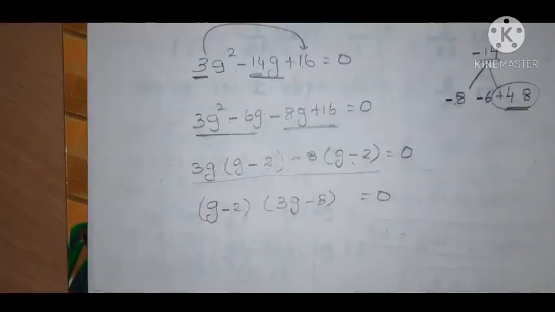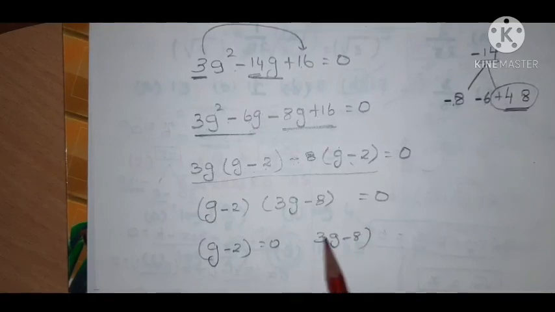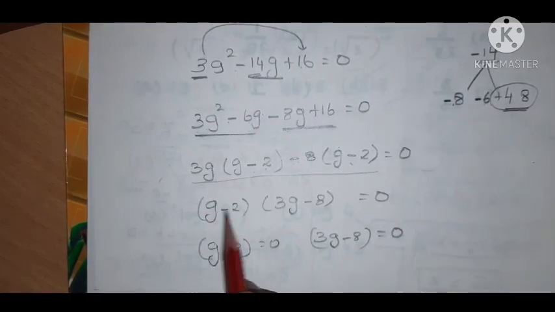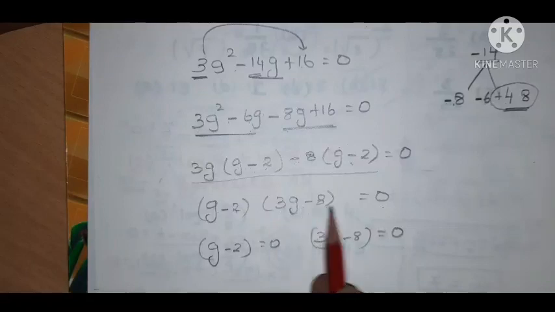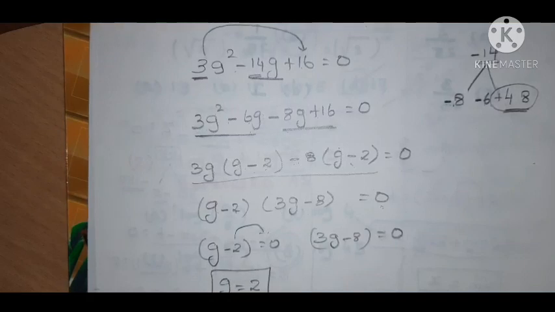Got the value, right? Now, as in the general method, g minus 2 is equal to 0 and 3g minus 8 is equal to 0. These are the two roots. Now bring this minus 2 to the right hand side, so g is equal to 2. This is one root.